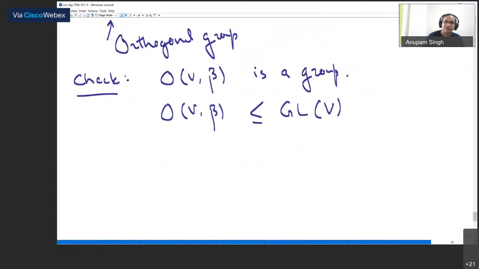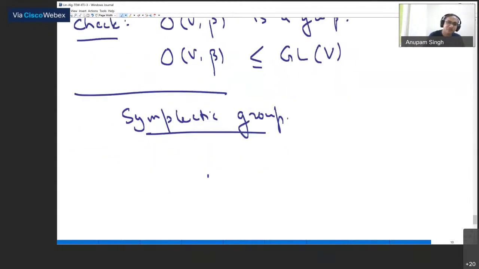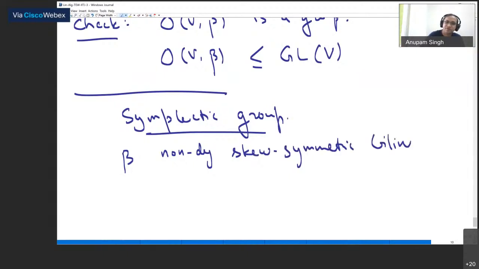And I will define what is called the symplectic group. So how do I define the symplectic group? In this situation, we begin with a beta, which is a non-degenerate skew symmetric bilinear form. Then I get a group which I denote by Sp(V, beta).